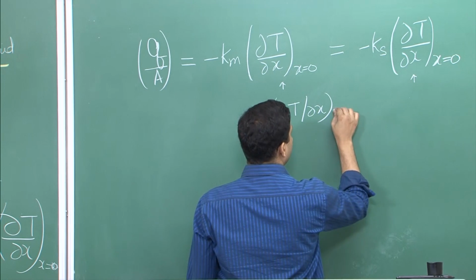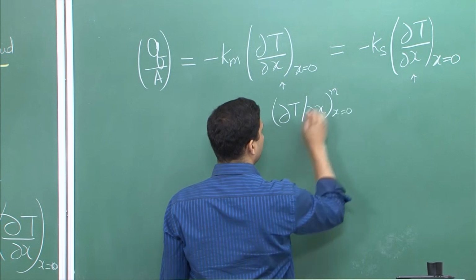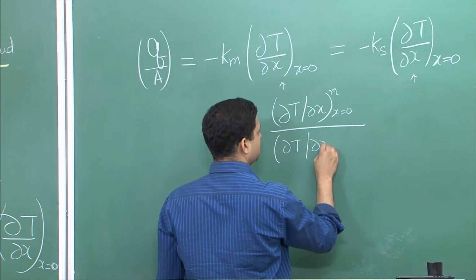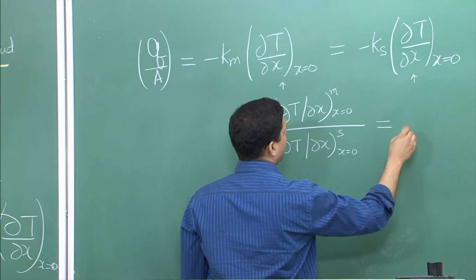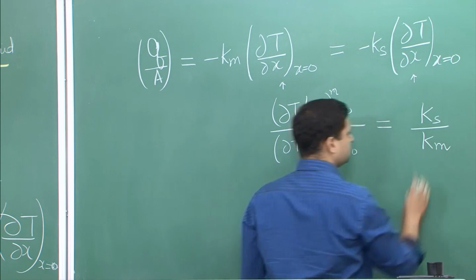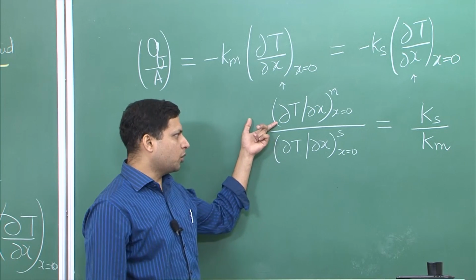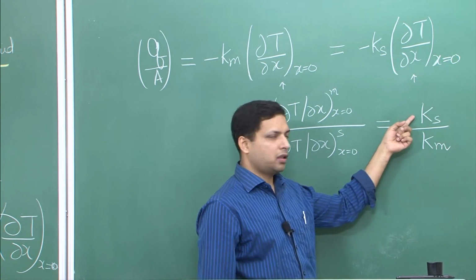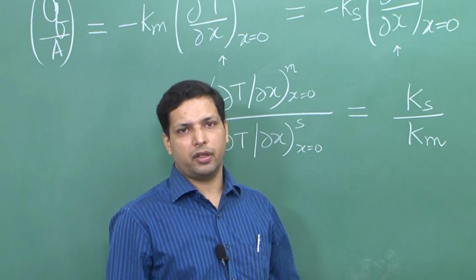Del T over del X at x equal to 0, and now let me put a subscript over here, which is mold. So the ratio of the slopes of mold versus solid is equal to the ratio of the thermal conductivity of solid to the thermal conductivity of mold.